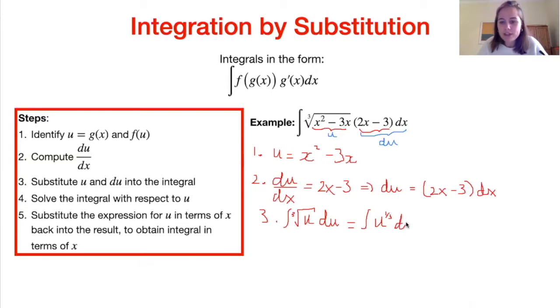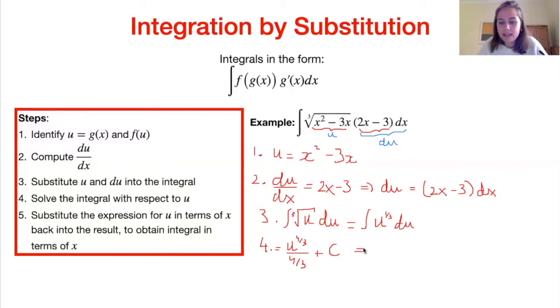So this is our integral of the cube root of u du, using now our formula for the integral of x to the n, or u to the n, it doesn't make a difference. We see that this is equal to u to the power of 1 over 3 plus 1, so that's 4 over 3, divided by 4 over 3, plus c.